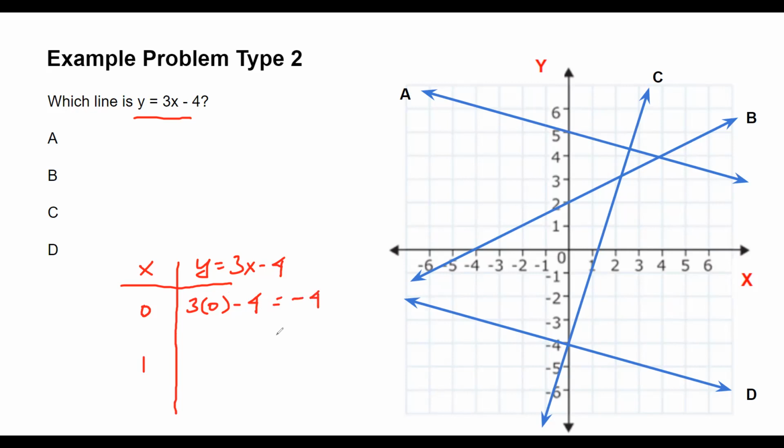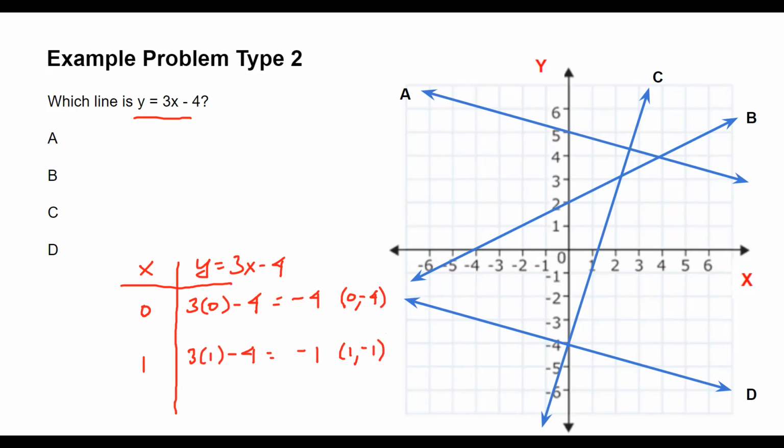It's going to be minus 4. And then 3 times 1, that also makes for a pretty easy calculation, is 3 minus 4. That equals -1. Now, we have to remember that the purpose of this is to get a coordinate. And that coordinate is 0, -4. That's our first one. And our second coordinate is 1, -1.